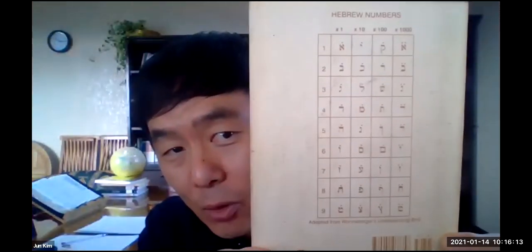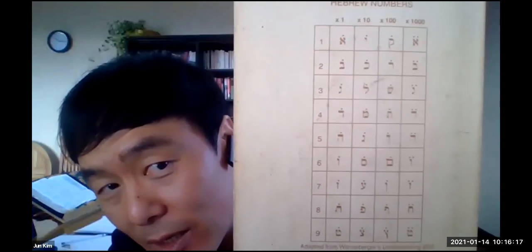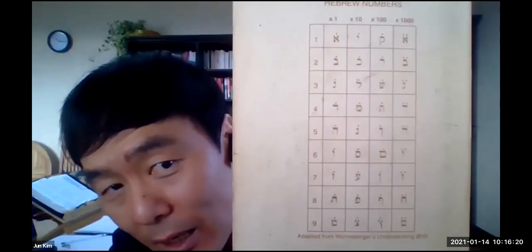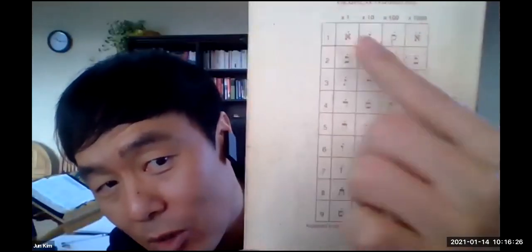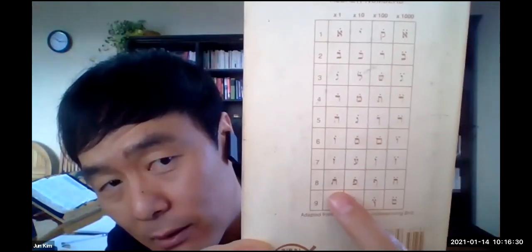Go to the back page and it provides the information of numbers. Aleph means one, Bet is two, and the first group provides the numbers, then tens, hundreds and thousands.